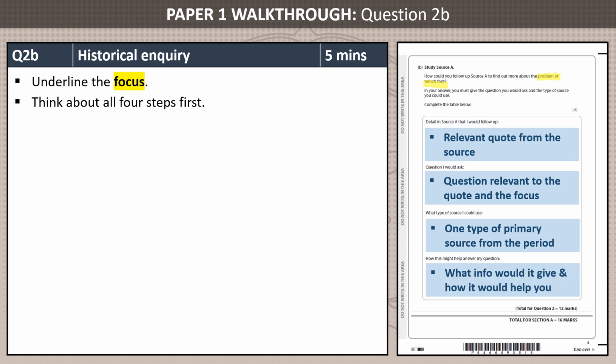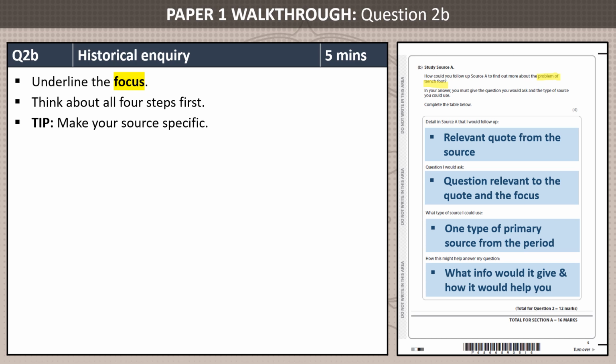In the final step, you should explain how that source will help you to answer your question. Try to explain what information you would hope to get from the source, and how that would help you to answer your question. Now, another piece of advice here is that when you decide what type of source you would like, try to be super specific.